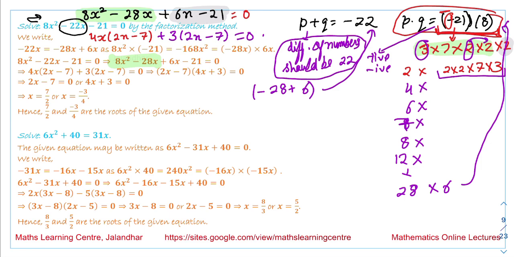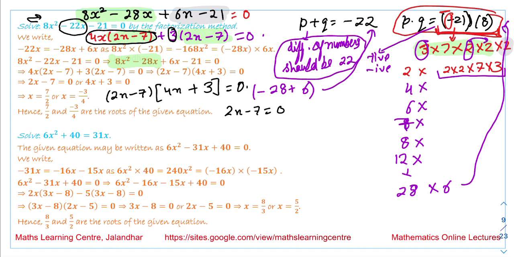Now look at this term over here, it is 2x minus 7. If we take 2x minus 7 common from both these terms, from the first term we are left with 4x, and from the second term we are left with 3, and this is equal to 0. So this means 2x minus 7 is equal to 0, or 4x plus 3 is equal to 0.